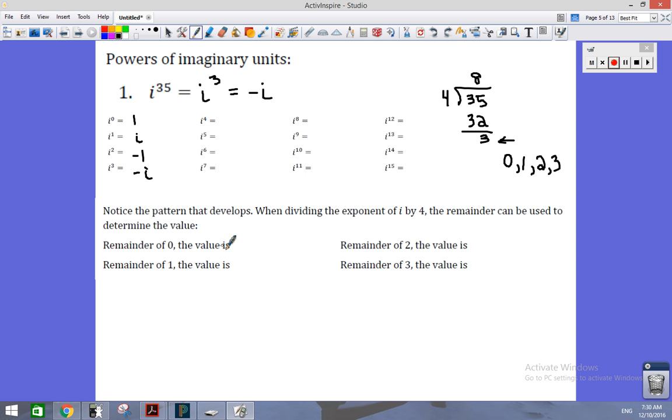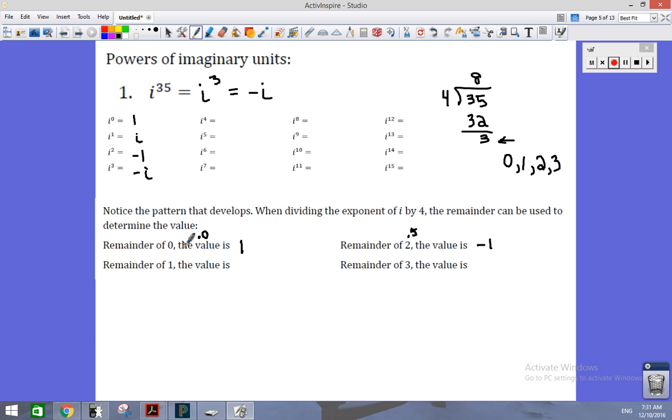So a lot of students will think of that remainder of 0 as 0.0 if they're using a calculator, and when the remainder is 0, this i to that power is going to be 1. When you have a remainder of 2, you're going to see 0.5. You're going to see 5 following the decimal point on the calculator when you divide by 4, and a remainder of 2 is i squared, and i squared is negative 1.